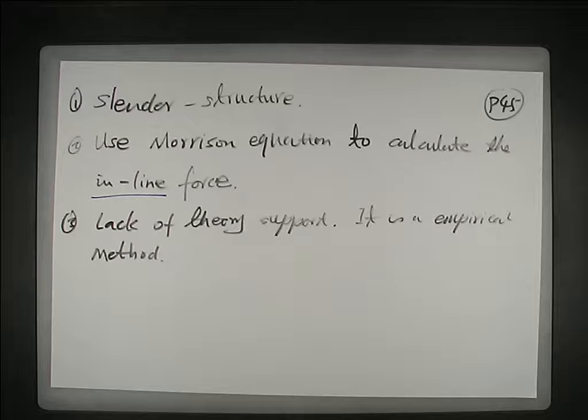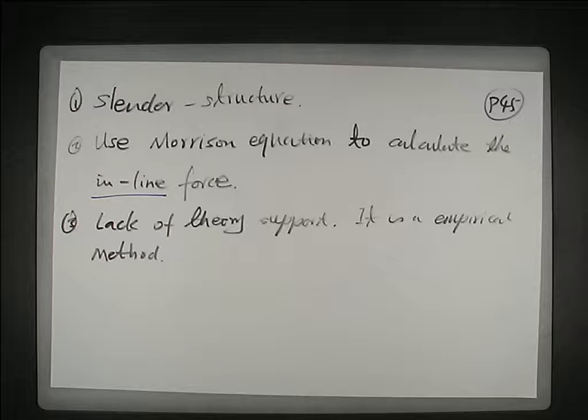So Morrison was a very clever student. He invented this equation when he studied for his PhD. He was asked to create something new, and he could not find anything, then created such an equation. He was asked what theory can support his equation.